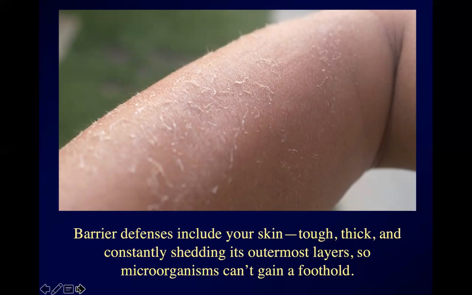But because the skin is watertight, thick, tough, and shedding constantly, it's difficult for microscopic organisms to gain a foothold. I mean, occasionally they do. None of this is foolproof, but the skin is very good at protecting what's underneath it from bacteria that would love to eat it.